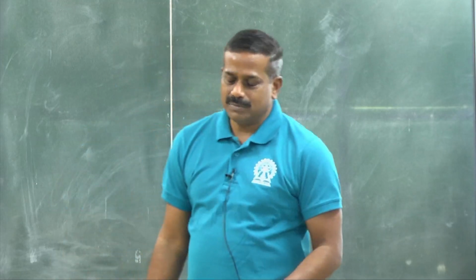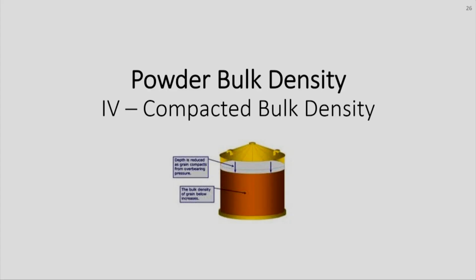Yes, they can roughly estimate based on the volume of the container. From the volume of the container, you can estimate the amount of material present by using bulk density. But in actuality, with compacted bulk density, there might be more material than the estimated volume, right?